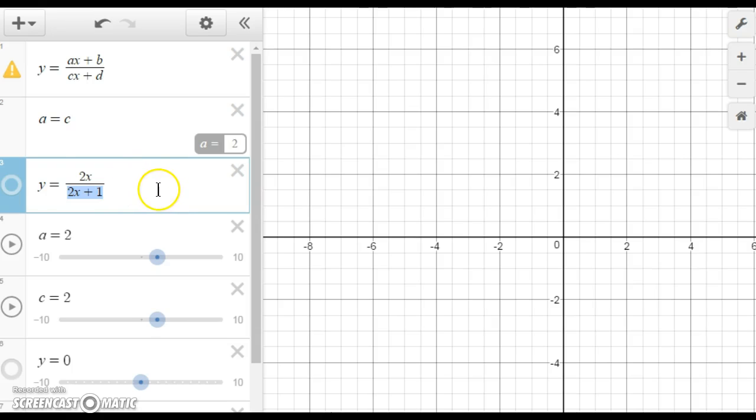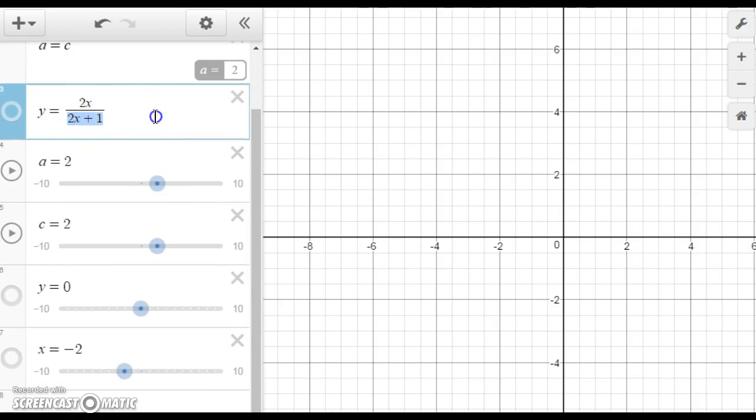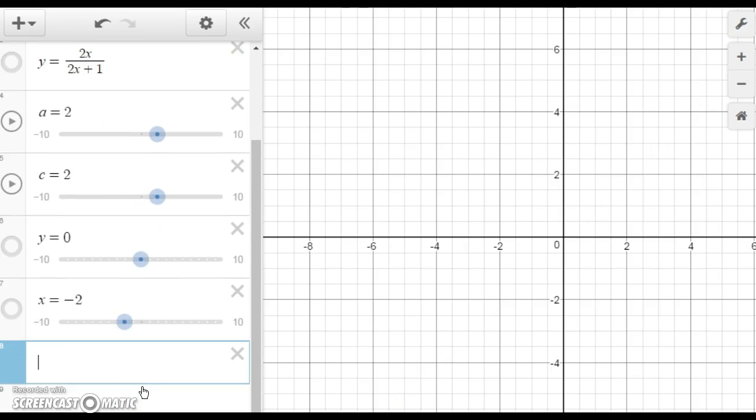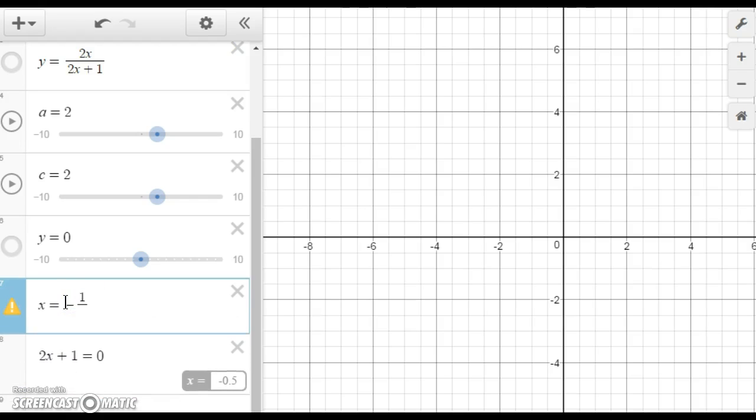So if I solve 2x plus 1 equals 0, when my x is negative half, that's when this comes true, which means my vertical asymptote will be at x equals negative half.